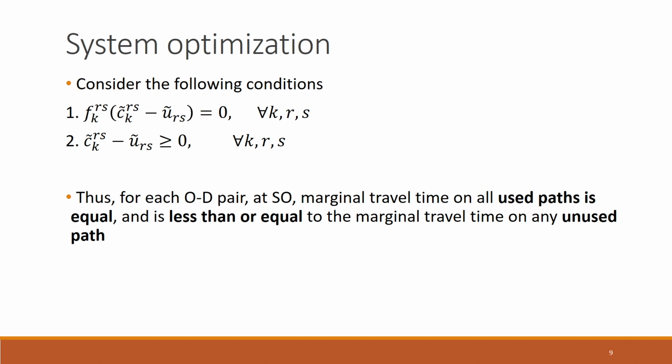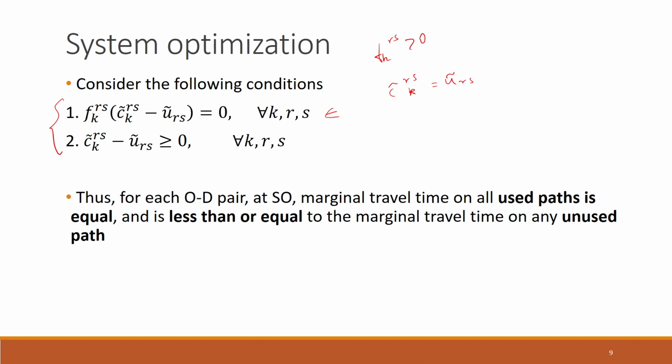What it is saying is that, again, here we can divide the paths that are connecting R to S into two types. One which have positive flow. So if F_KRS is positive, that is for a given OD pair RS, if the kth path connecting R to S has positive flow, then from this first equation what we will be getting is that C tilde KRS is equal to U tilde RS.